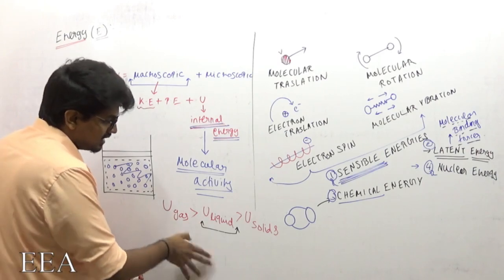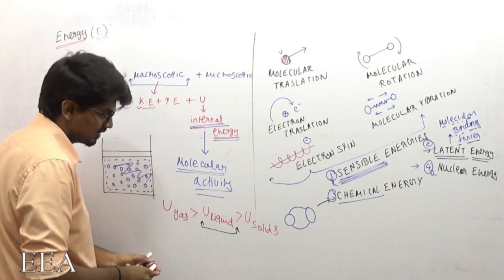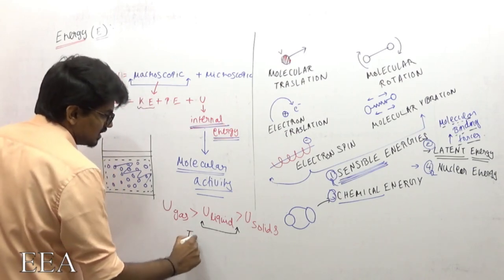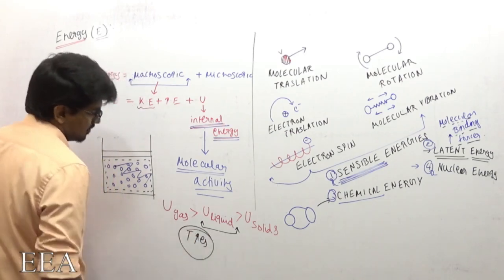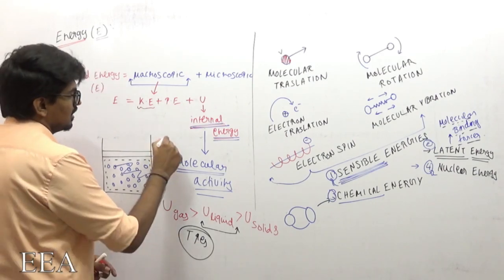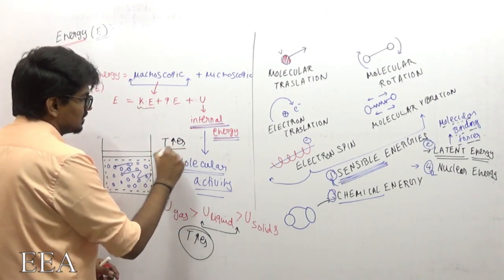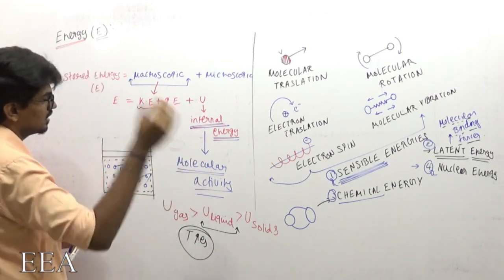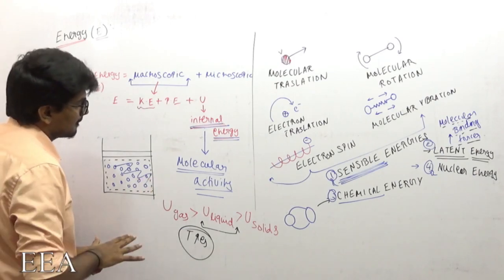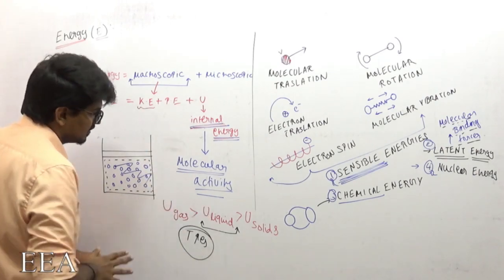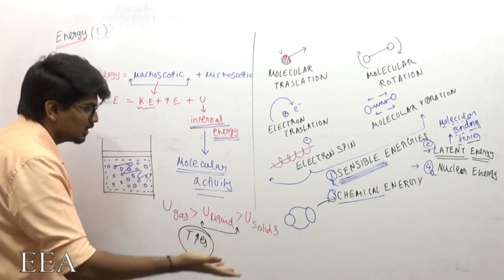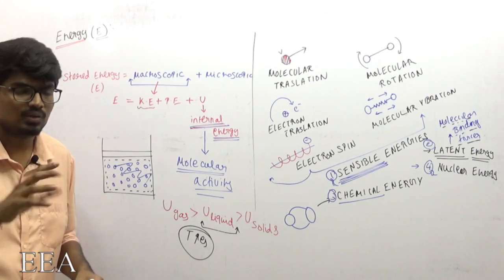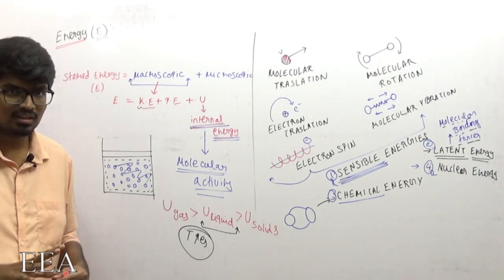Now one point which you would have already observed: here I am supplying heat and the liquid is changing to gas. Why is it actually happening? Because I am increasing the temperature. See, we know that internal energy depends on molecular activity, which means how much molecular activity is happening and what is the velocity of the molecule with which it is traveling.